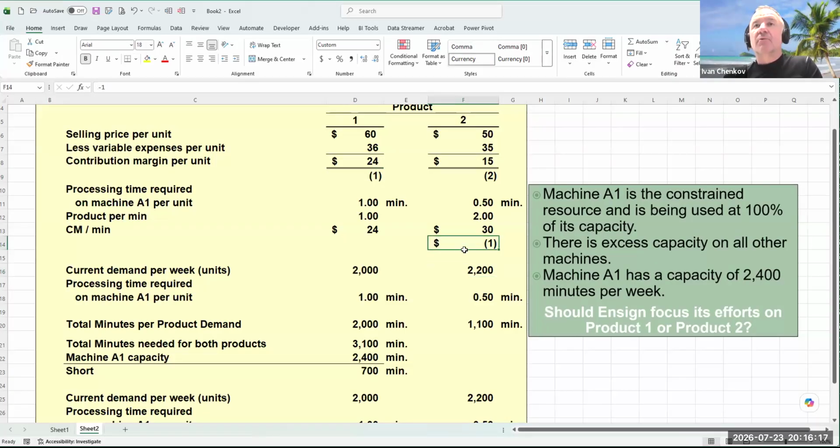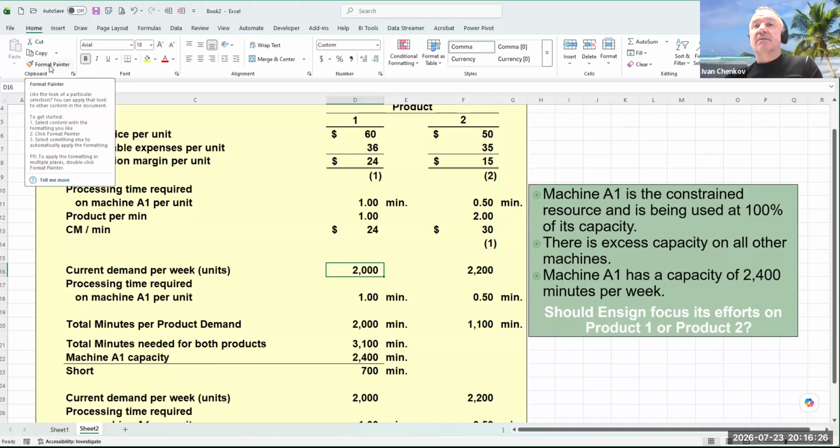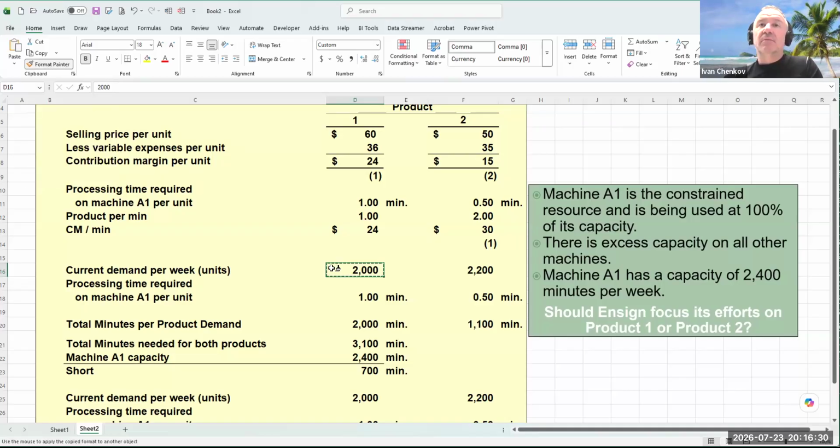So for that reason, I'm going to focus all my capacity in the beginning on product two. Once I satisfy the demand on product two, available capacity will be moved to product one, since product one is my second desired product. So let's see how this is going to work.